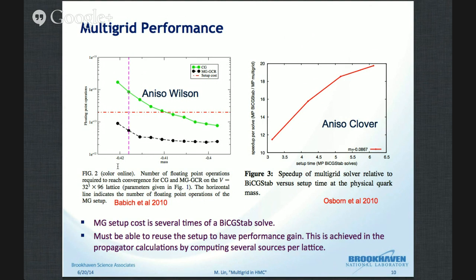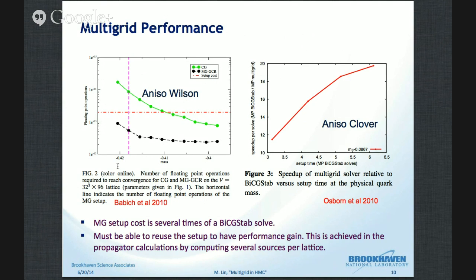So you can see the speed up is about a factor of 10. However, what I want to point out here is the setup cost for the multigrid solver, and you can see that the setup cost is actually several times the actual multigrid solve time.